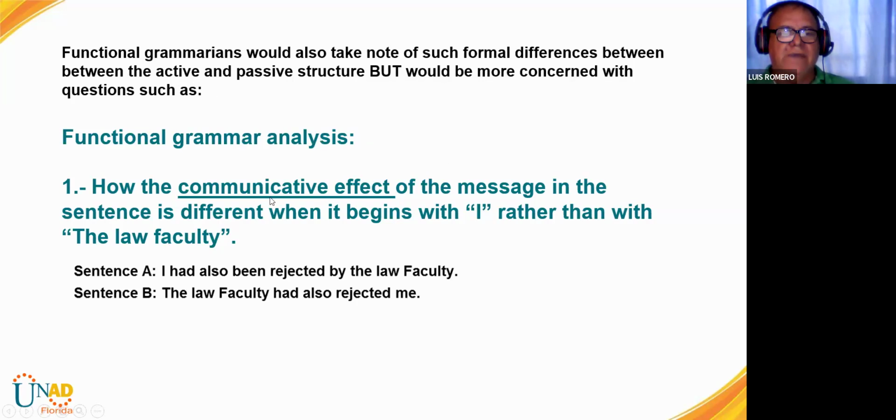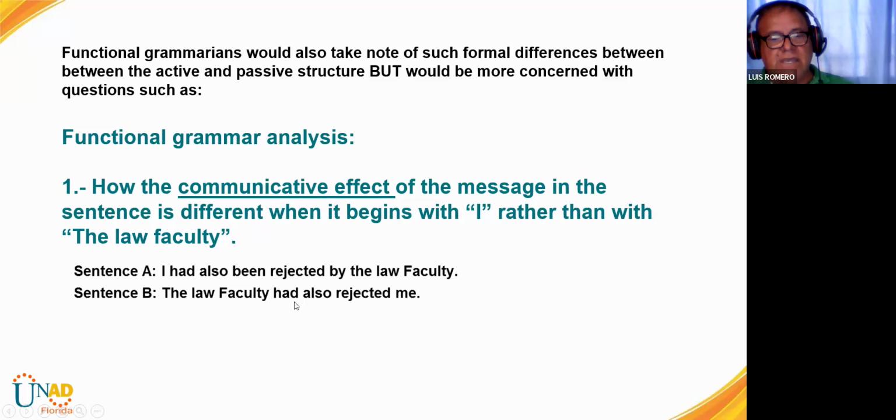One, how the communicative effect of the message in the sentence is different when it begins with I rather than with the law faculty. In sentence A, you have, I had also been rejected by the law faculty. And B, the law faculty had also rejected me. There is a communicative effect when you have I at the beginning of this passive form, and in sentence B, the subject of the sentence is not I, but the law faculty.